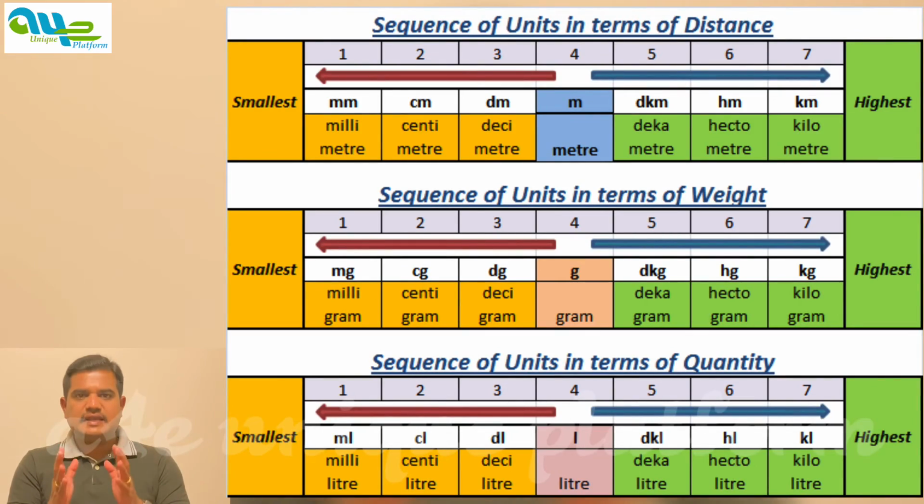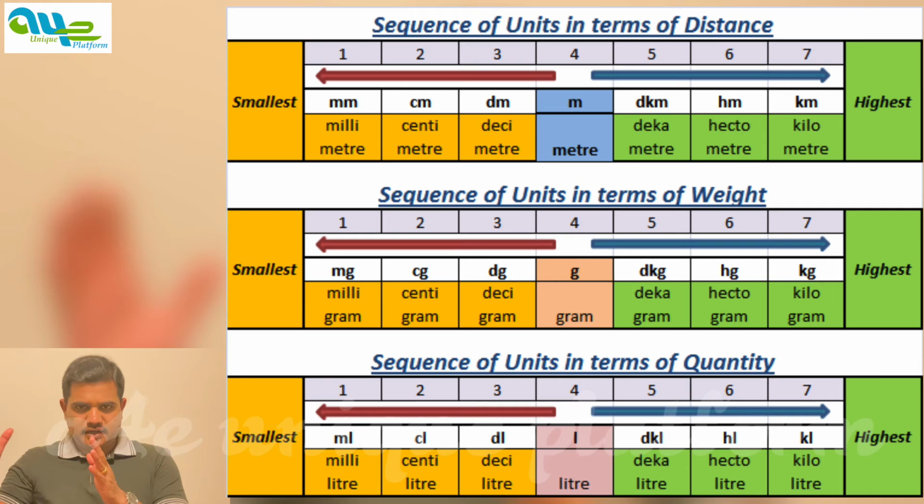So easily we can derive using these two simple logics. Whatever the question may be between these units of measurements, we can derive it within a few seconds. I have explained using the distance units, that is meters. The same logic applies to other units of measurements, that is weight, gram, and quantity, liters. In the sequence of units for distance, there are 7 units, starting from millimeter, meter, and ending at kilometer.